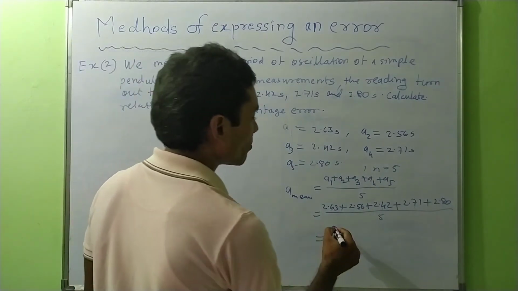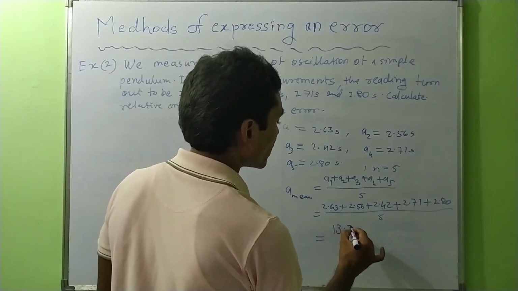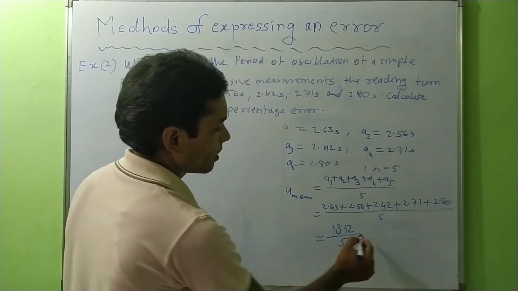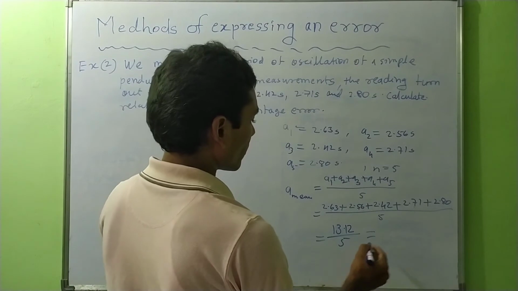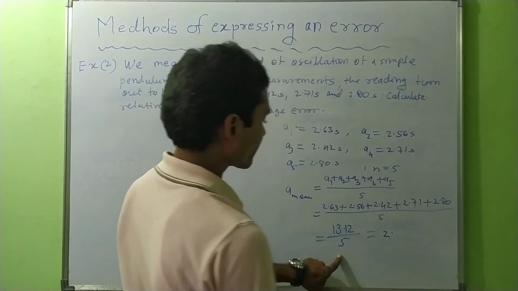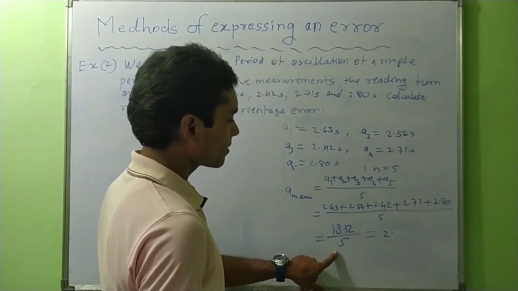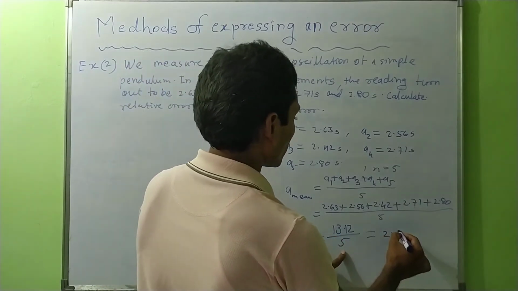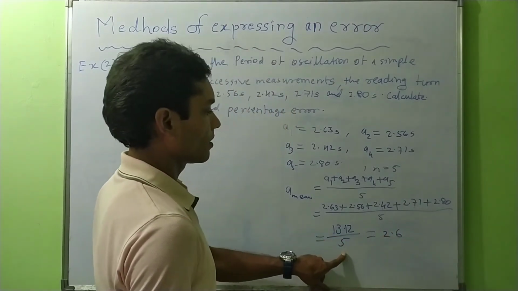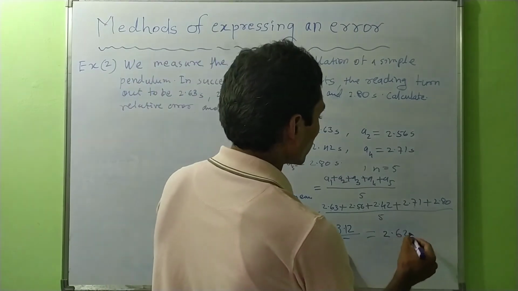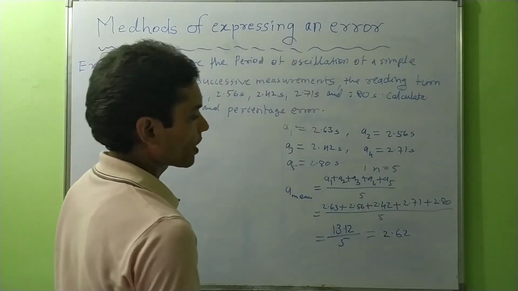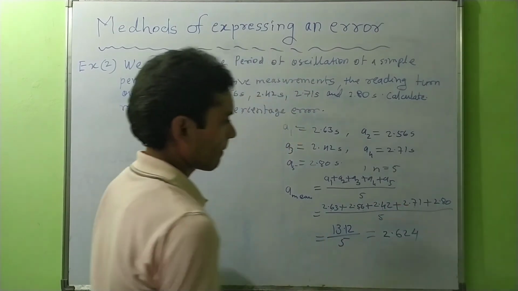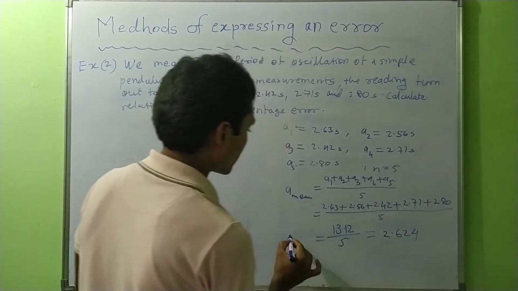The sum of numerator will be 13.12 upon 5, and this is the mean value.